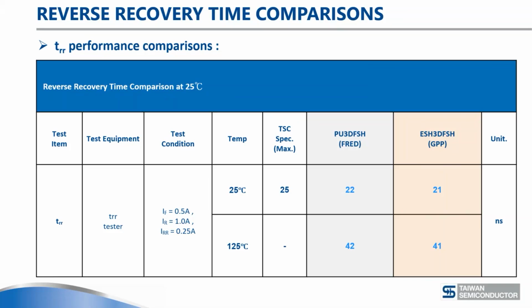What you see on the left here, the test condition, is typically how we test those devices. All our high volume test equipment is made this way, and that's why we have this condition of a forward current of 500 milliamps and reverse current of 1 amp. In a lot of real applications, the devices are switched off with a certain slope of 50 amps, 100 amps, and 200 amps per microsecond.